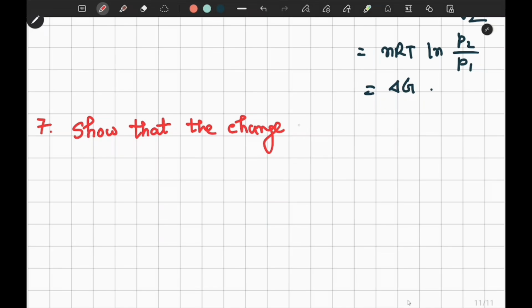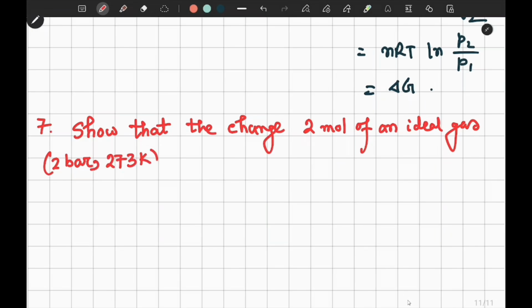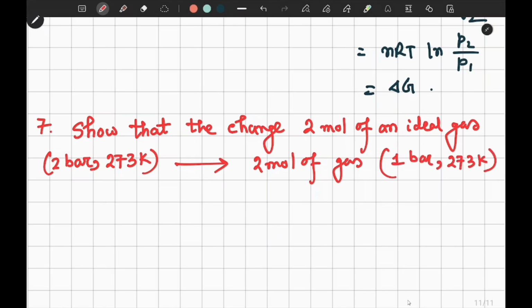What is the change of 2 mole of an ideal gas which was at 2 bar, 273 Kelvin, to 2 mole of the same gas at 1 bar, 273 Kelvin?